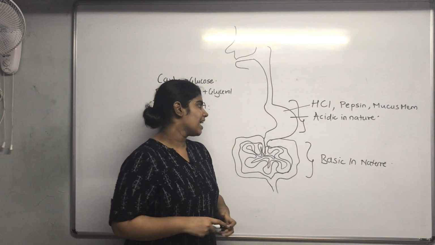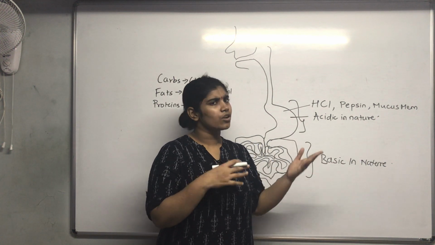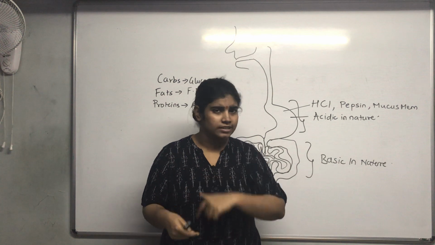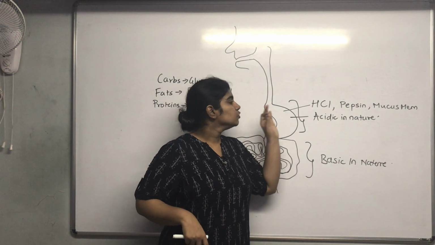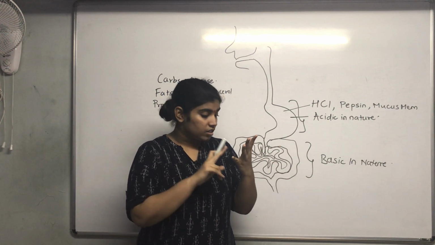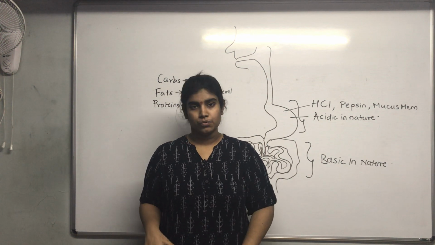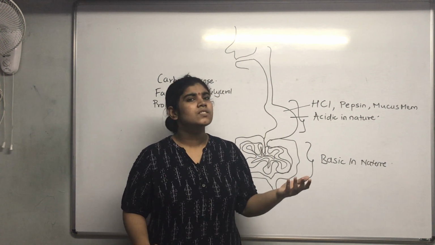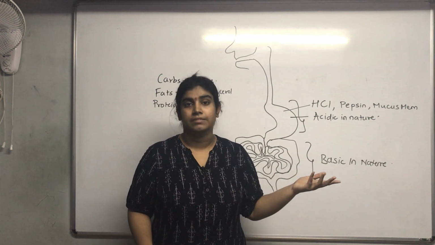The very first thing, hydrochloric acid. What it does is similar to what inorganic hydrochloric acid does in your chemistry lab. It usually kills all the bacteria, all the unwanted things that are present in your food. So it's fine if sometimes you eat something without washing and then you get nothing.